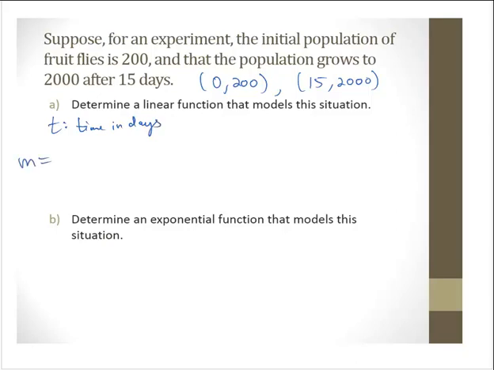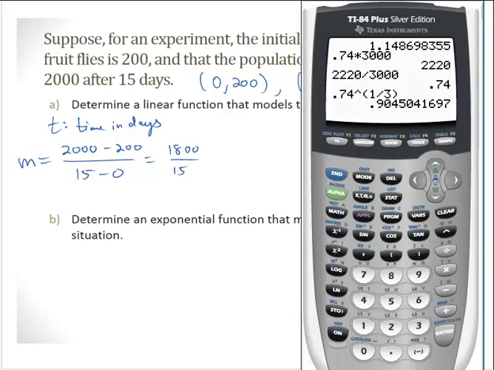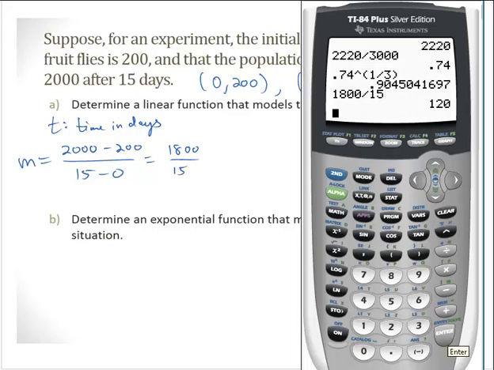If we let t represent the time in days, our slope would be 2,000 minus 200 over 15 minus 0. So that's 1,800 over 15, which is 120.